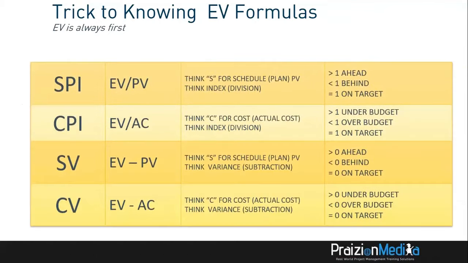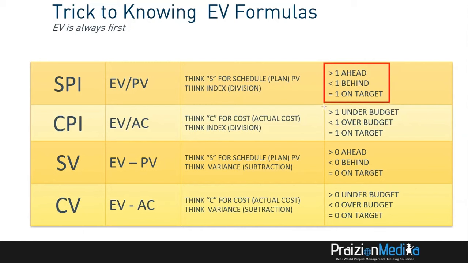So right here, we can see what SPI, CPI, SV, and CV numbers should be thought of as. We can see if you're less than 1 on the far right of the screen. I'm just going to put a box around it. If you're greater than 1, you're ahead, less than 1 behind, equal to 1 on target.